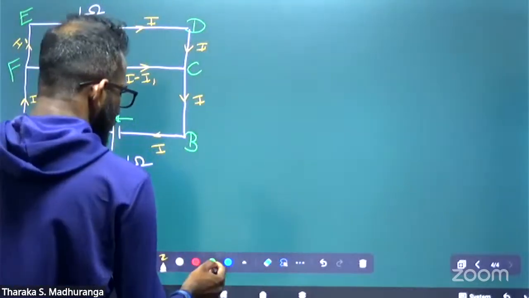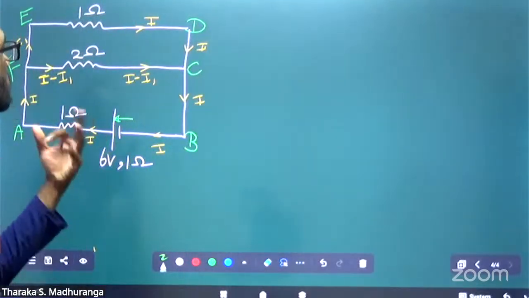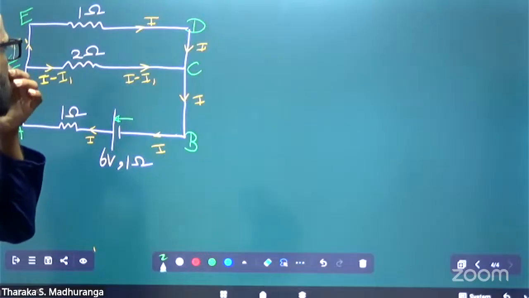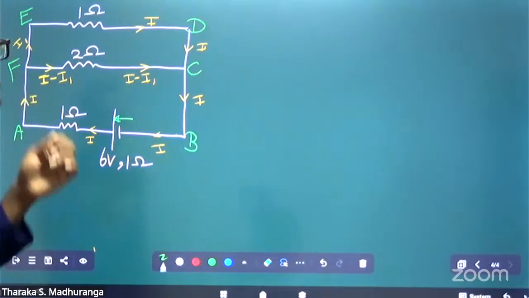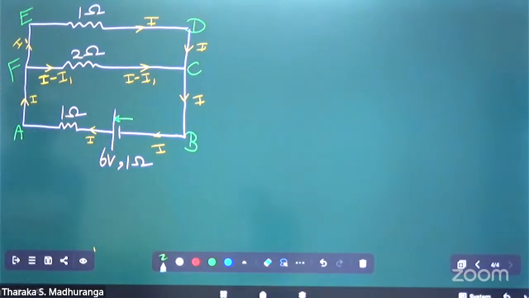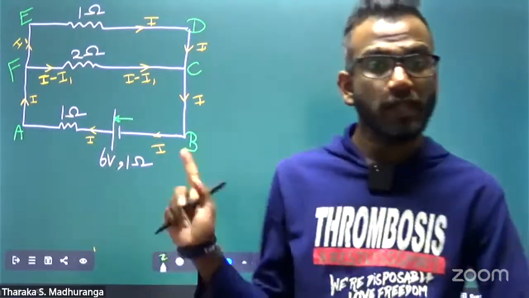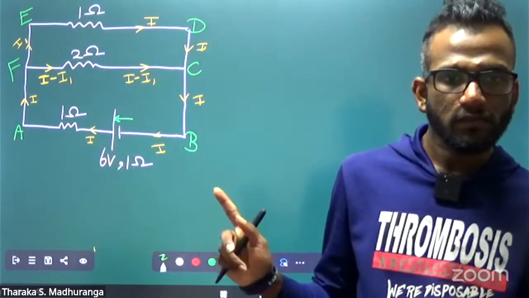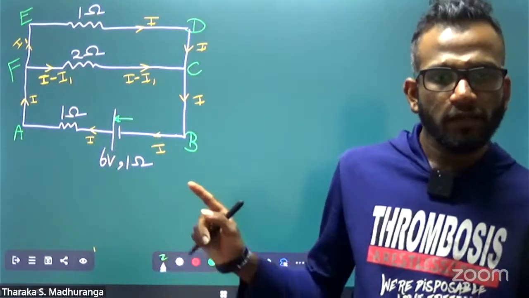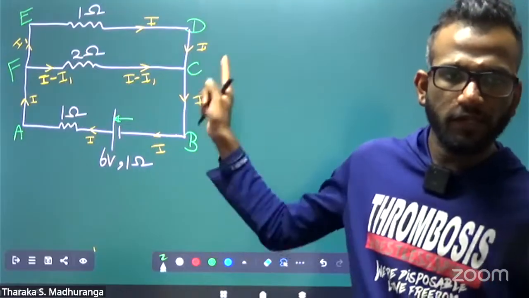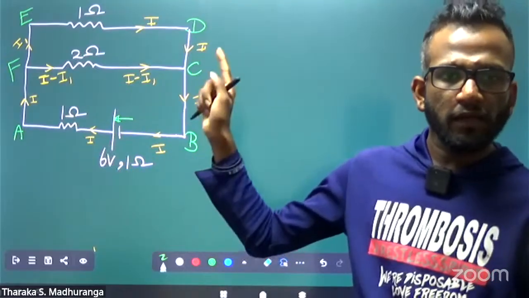Okay, this is very important. Now you can consider any loop. It has two loops. A, B, C, F is one loop.